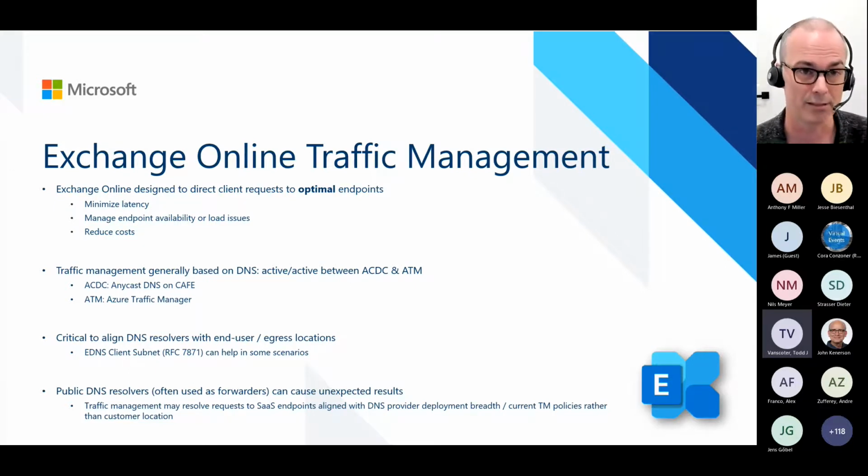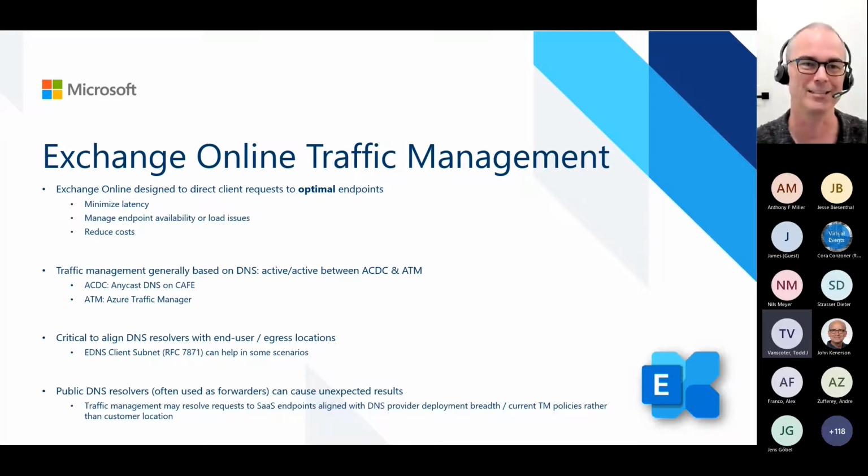If your DNS resolution is happening, as an example, halfway around the globe from where you're getting your traffic onto the internet, when we do this traffic management process, when we go and figure out what location the end user is coming from, we're going to see that DNS request originating from halfway around the globe, and we're going to send that request to a cafe or client access front end.